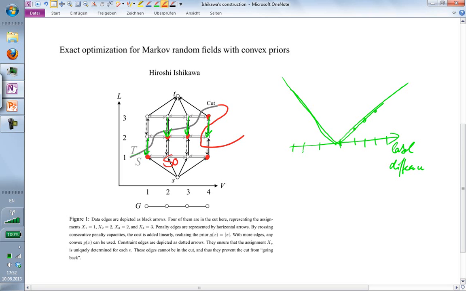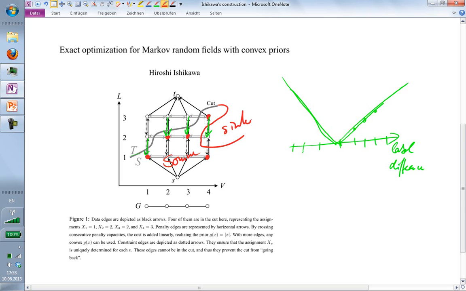Okay, this is my source cluster, and here is my sink cluster. And if I want to prohibit this kind of folding back, I have to give these dotted arrows extremely high capacities. So if I'm giving these dotted arrows infinite capacity, such a cut which loops back will incur infinite cost and hence will never be used.